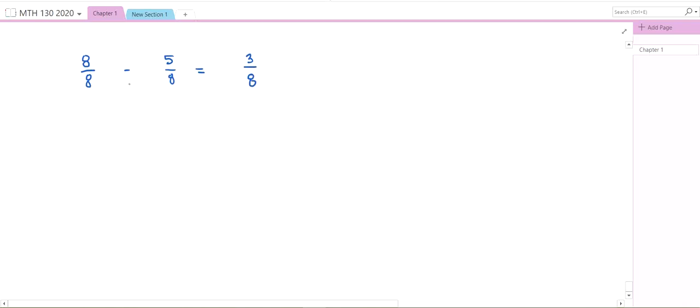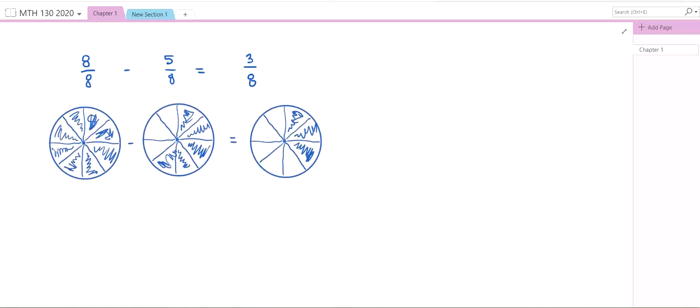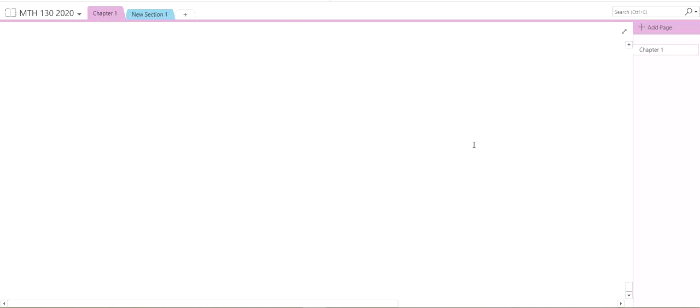Remember, the denominator must be the same in order for this to work out properly. So here it is again with the pizza pictures. So addition and subtraction, we need to make sure our denominators are the same, and we just operate on the numerators.